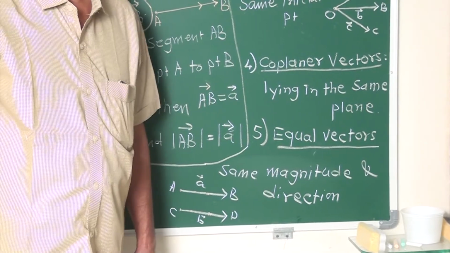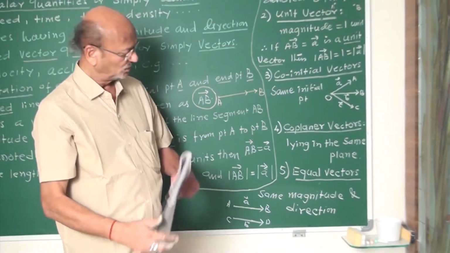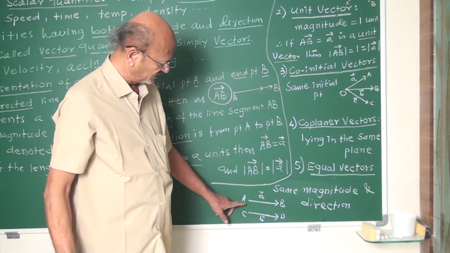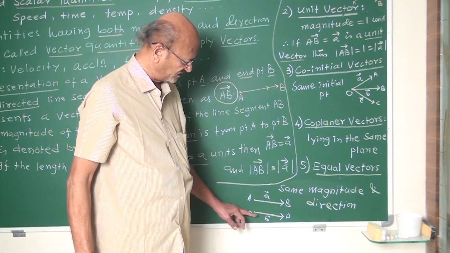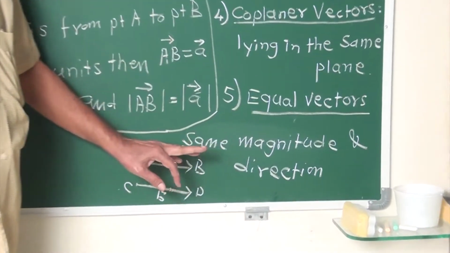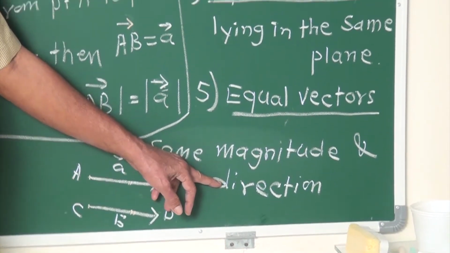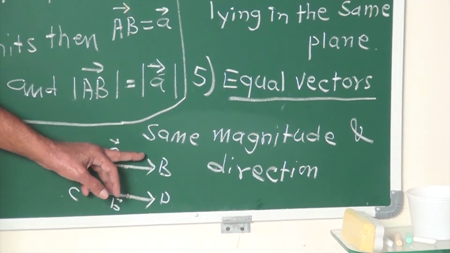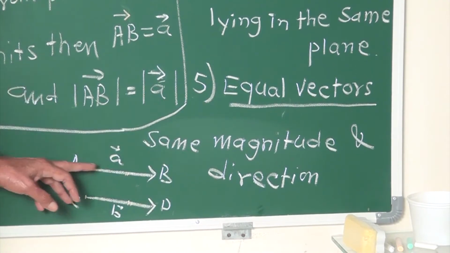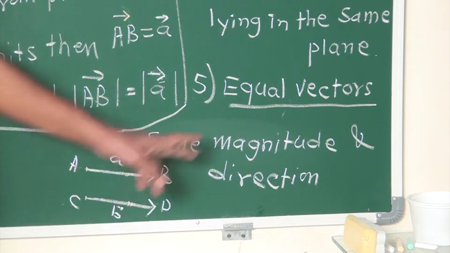Equal vectors. Then two vectors AB and CD. AB and CD are said to be equal if their magnitude is the same and they have the same direction. They are moving in the same direction. Magnitude is the same, even direction is the same.